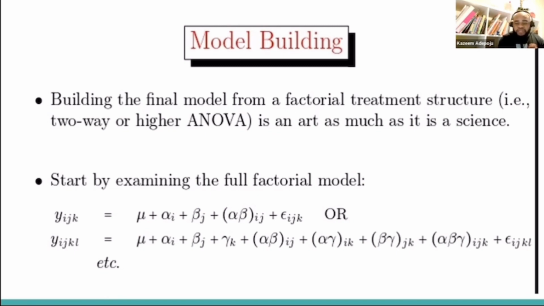I'm going to say that again. A model is a mathematical representation of reality. Now our model is always going to be in terms of notations, symbols.